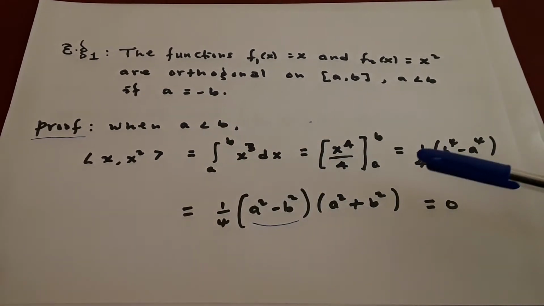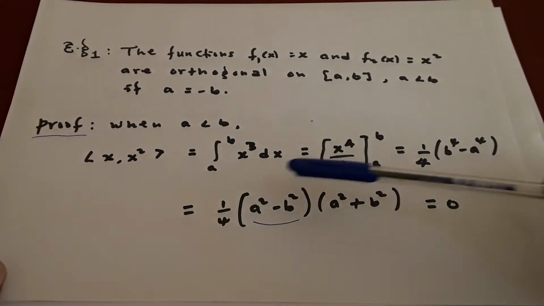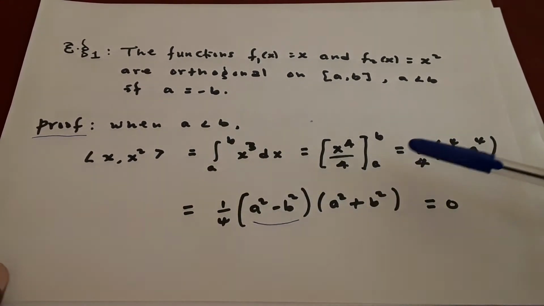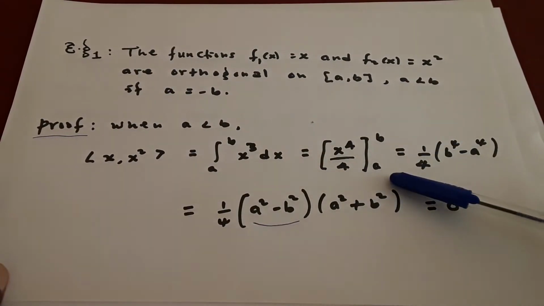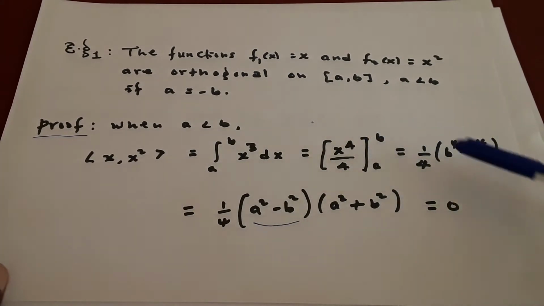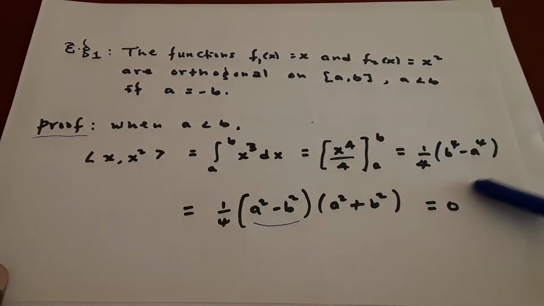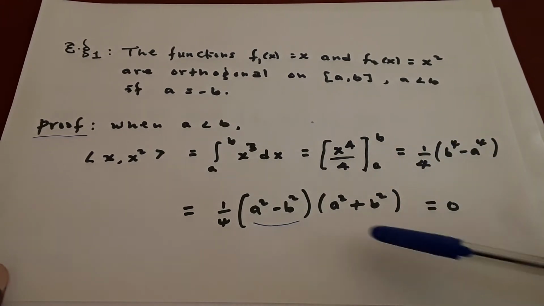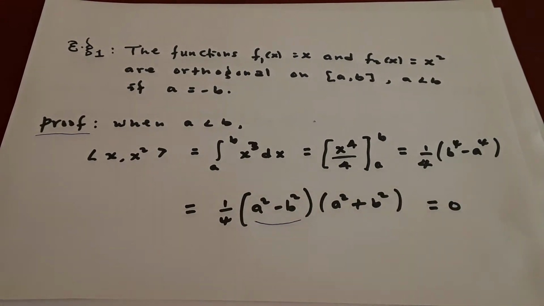It gives x to the fourth over 4, and we evaluate at x equals b and at x equals a, then 1 over 4 times b to the fourth minus a to the fourth, and this can be factored as a squared minus b squared, times a squared plus b squared.